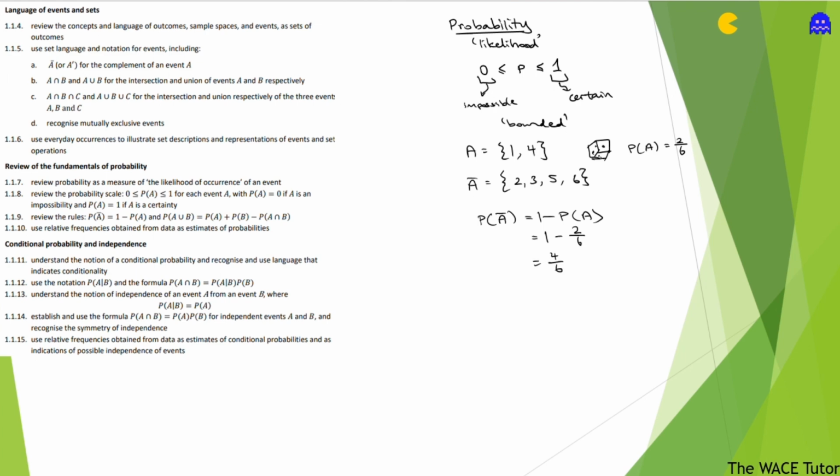If we look at the event A bar, we can verify this. Here we have 4 different events. Each of these has a probability of 1/6 associated with it. Therefore, the probability of A bar, given this, can be calculated to be 1/6 plus 1/6 plus 1/6 plus 1/6, which is equal to 4/6, just as expected.